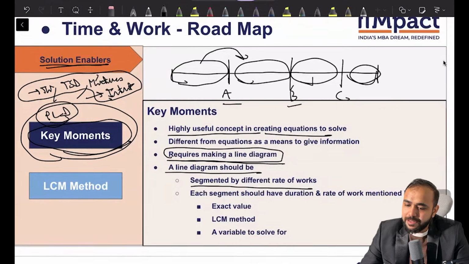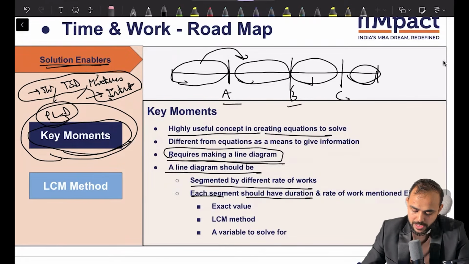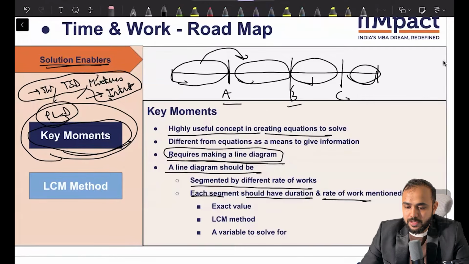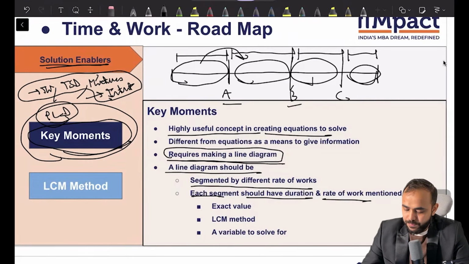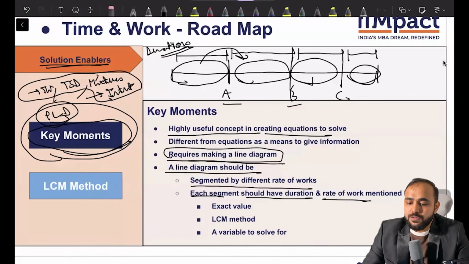so this is segmented by the different rates of work, and each segment should have the duration and rate of work mentioned. So you will write the duration. You can depict it as the length of the segment, and you should also have the rate of work mentioned.